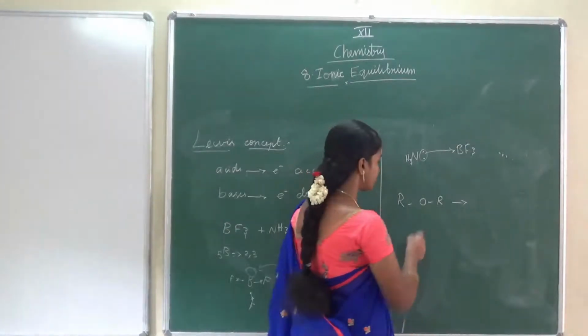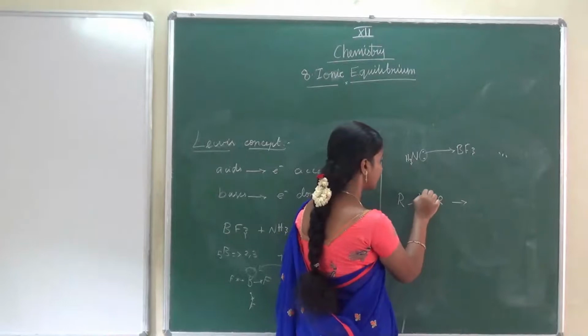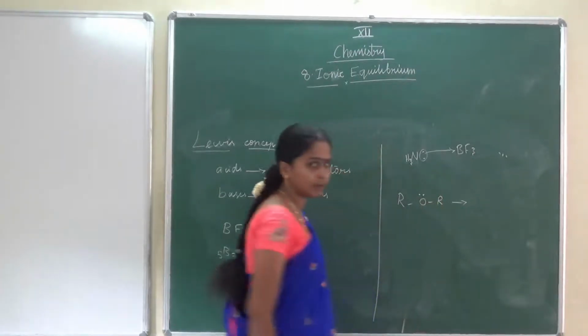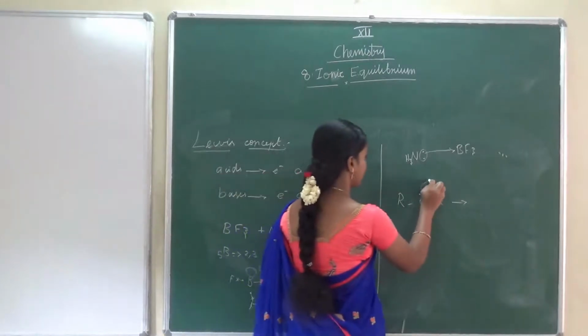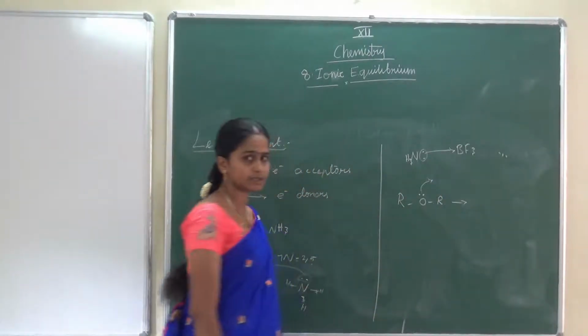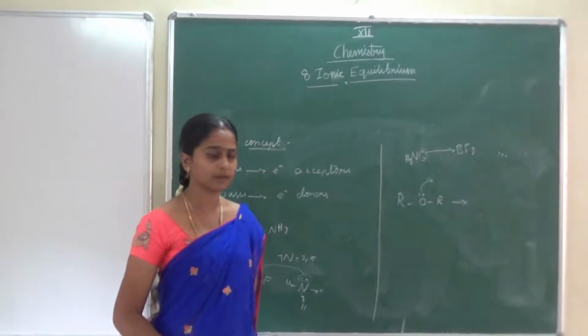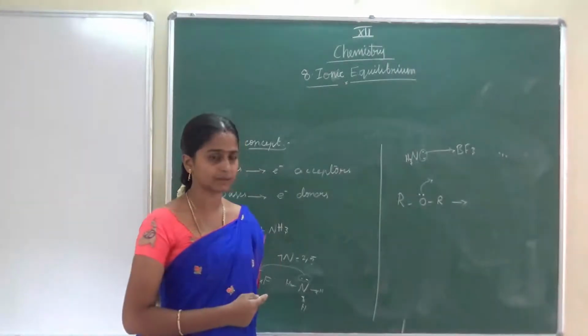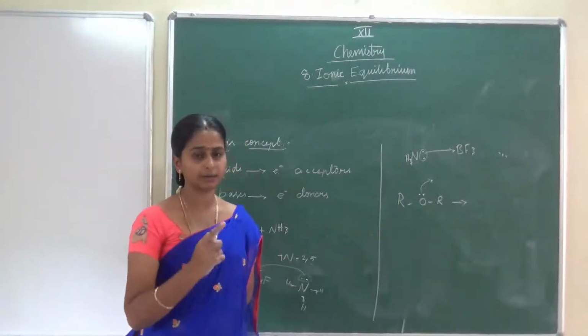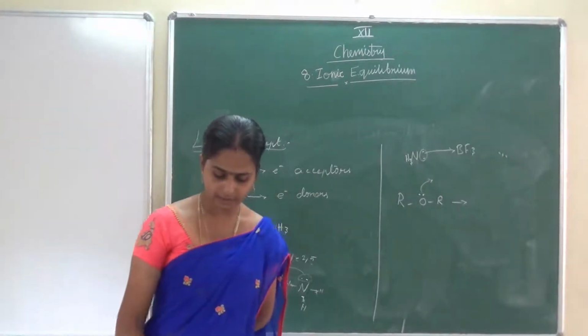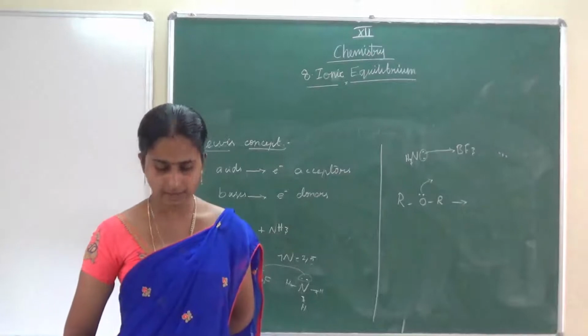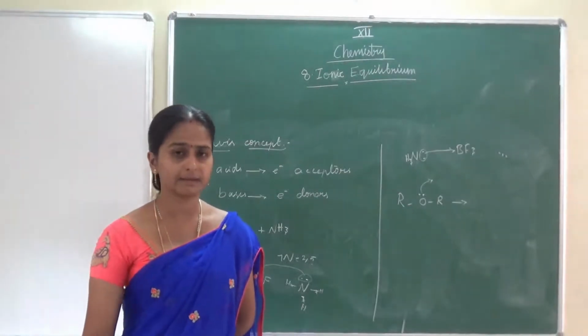Ethers are Lewis bases because this oxygen has a lone pair of electrons on it. Using this lone pair, you can form a bond with electron deficient compounds. So according to the Lewis acid base concept, ethers are Lewis bases. One more question, Lewis base. You can write it anywhere, just write and keep. They will ask this one.